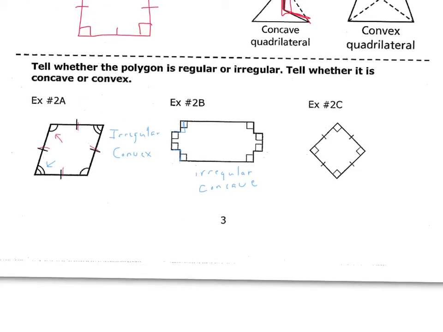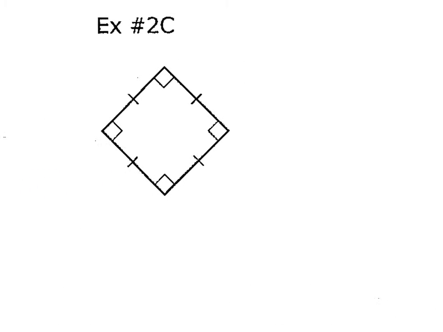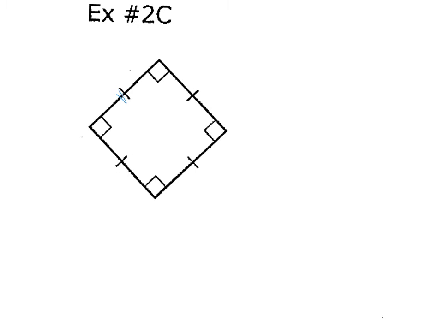Okay, one more example. This guy has the same side lengths, and he has the same angles all the way around, so he is going to be a regular polygon. And he doesn't cave in at all, so he's going to be convex.